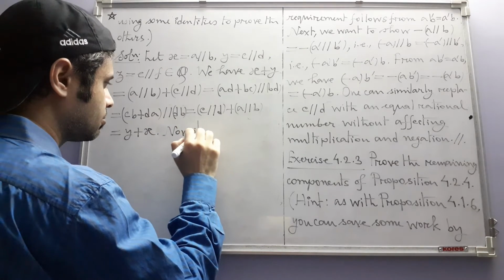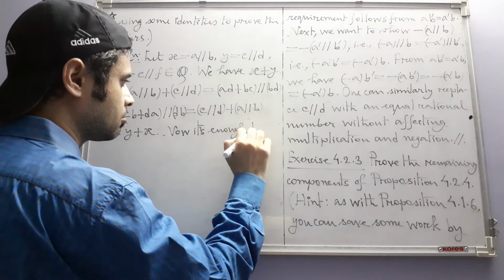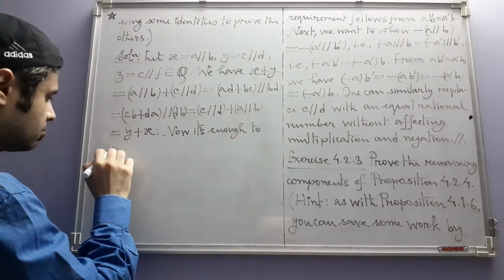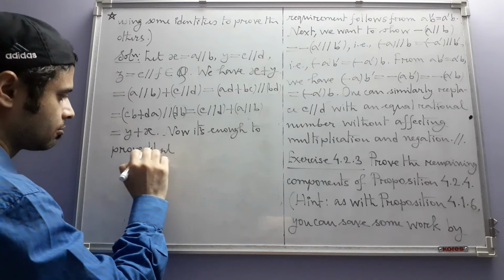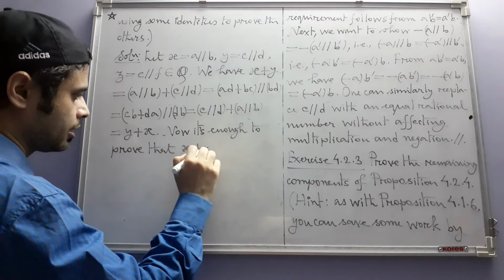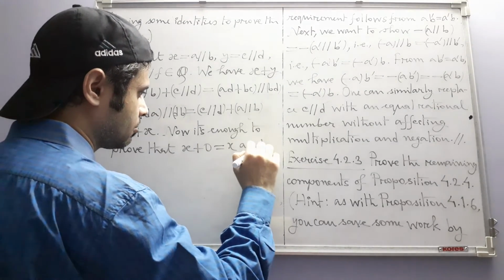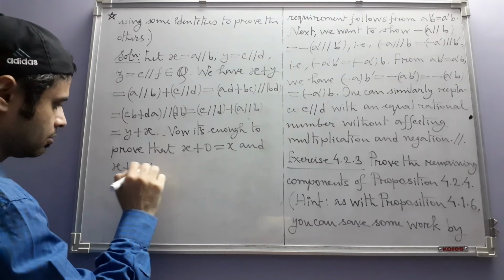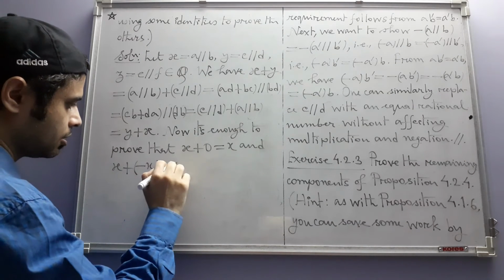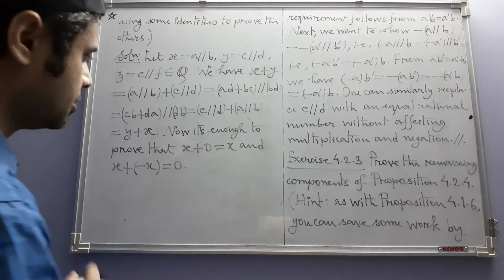Now it's enough to prove that x plus 0 is equal to x and x plus minus x is equal to 0. So that's what we are going to do precisely now.